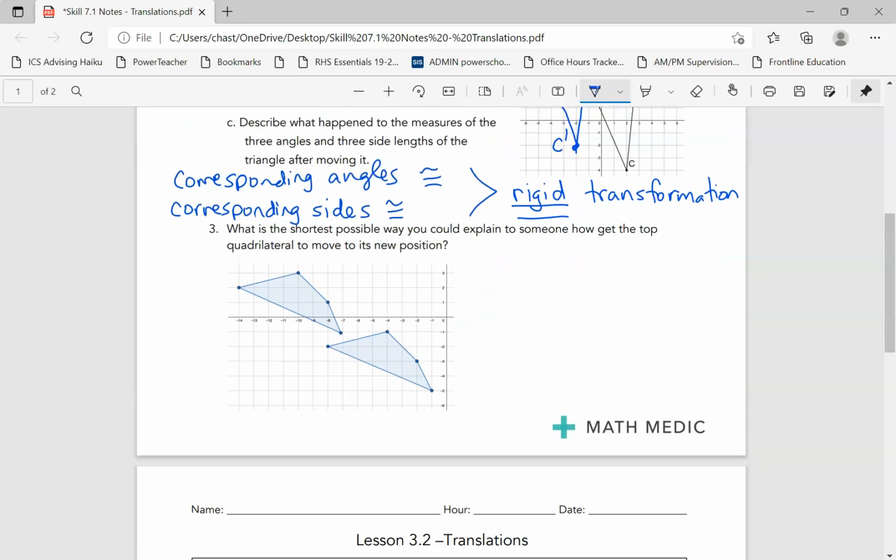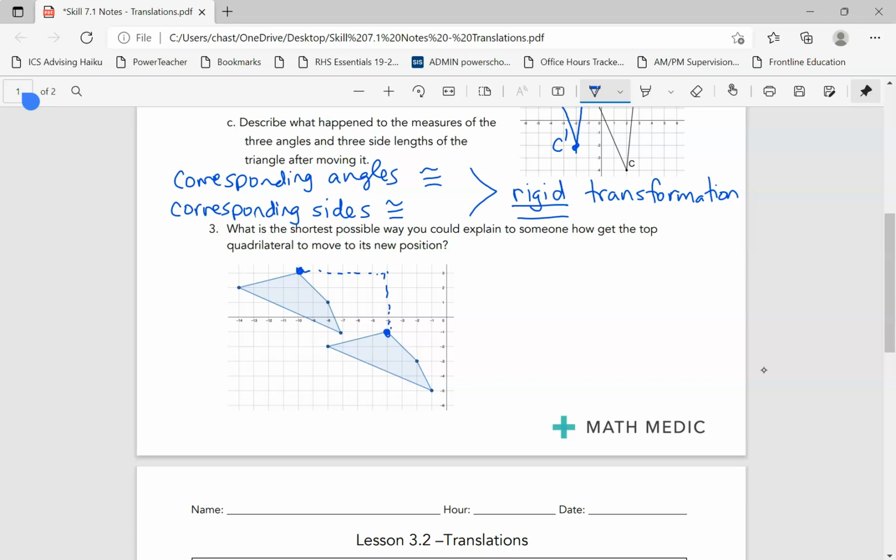If we look at the next one, it says, what is the shortest possible way you could explain to someone how to get the top quadrilateral to move to its newest position? We're going to take this point here and map it to this point here. We're going to see how far over we went and how far down we went.